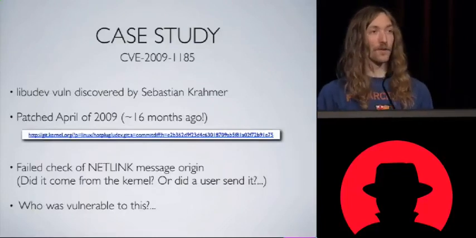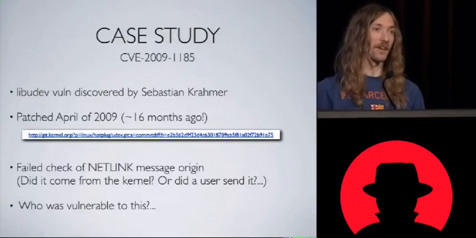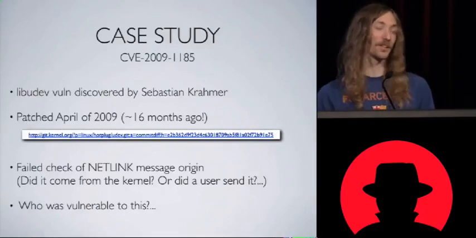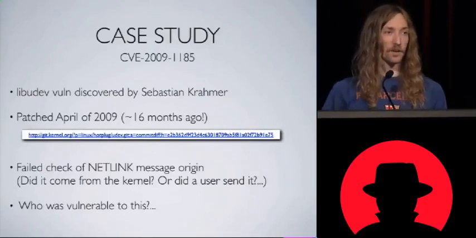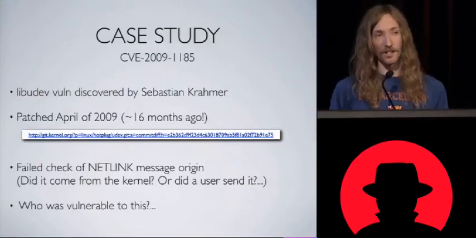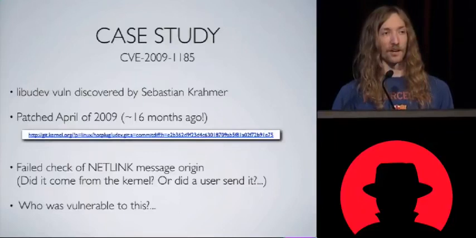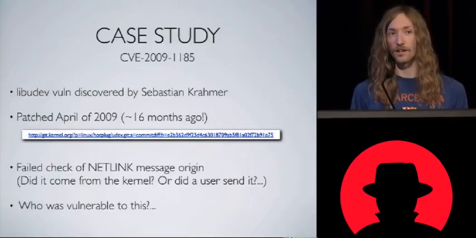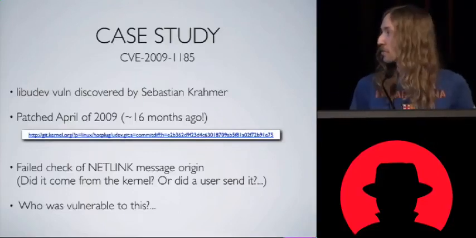The vulnerability itself was a failed check in the netlink message, checking the origin of the message: did it come from the kernel, or did it come from the user? It didn't actually care, and we could use this to, in the end result, get privilege escalation.